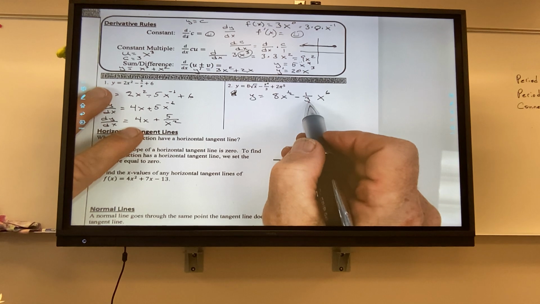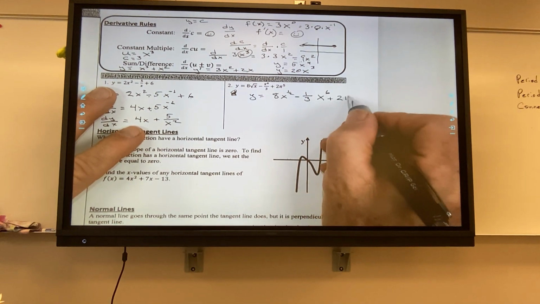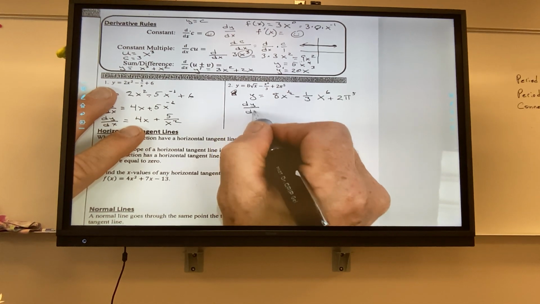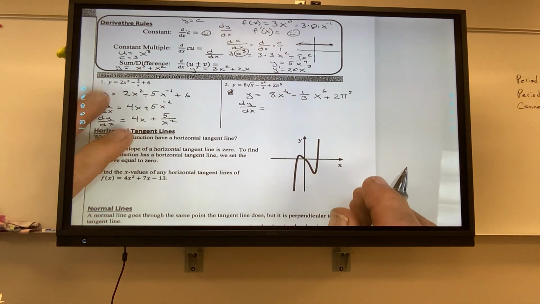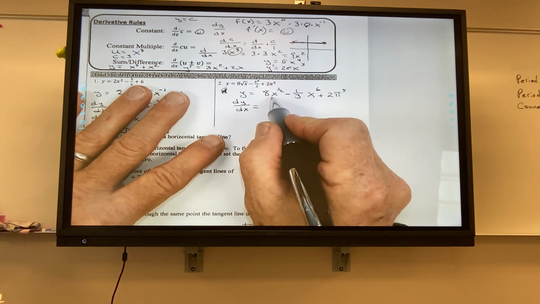I write it as a coefficient. It makes it a lot easier. Plus 2 pi to the 5th. So dy over dx equals... Ella, what am I going to get here?